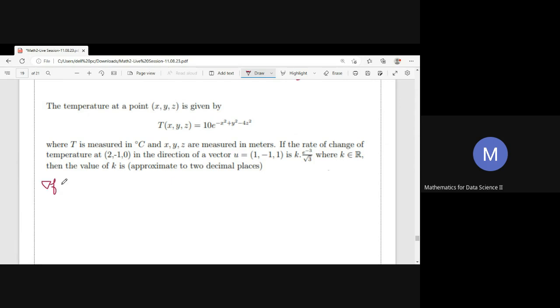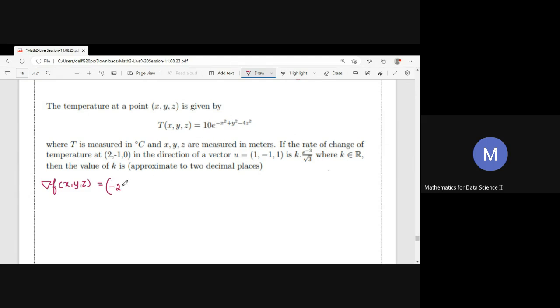Gradient function of f. What is your gradient function? What is the e power thing? Minus x squared. Minus 2x into 10 into this function.